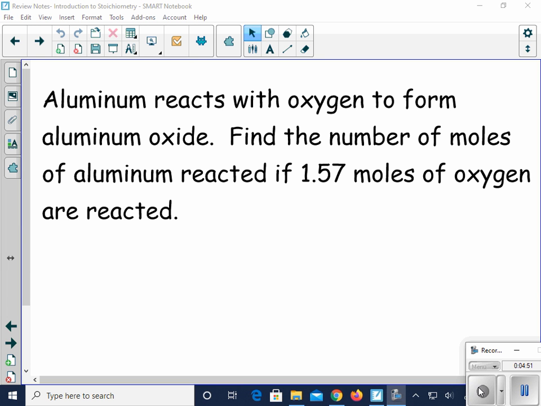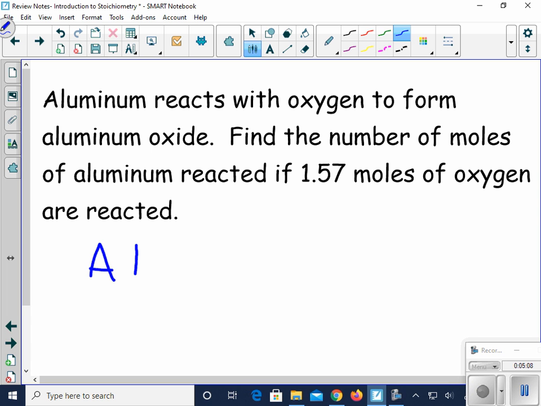Now, the very first thing we need to do with this is we need to get a balanced chemical equation. As I said, I gave you all the materials involved. So I have aluminum. It is reacting with oxygen. Remember that oxygen's a super 7.